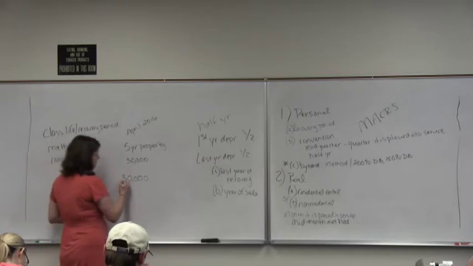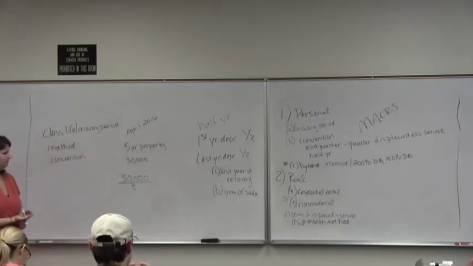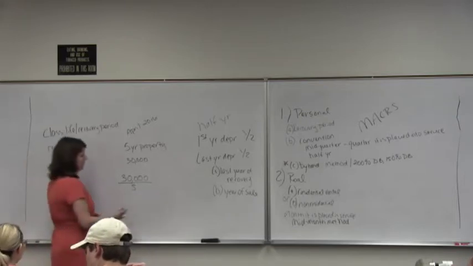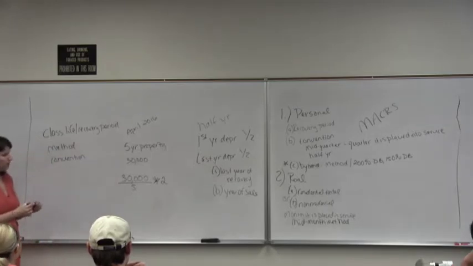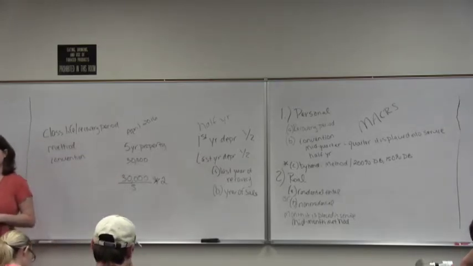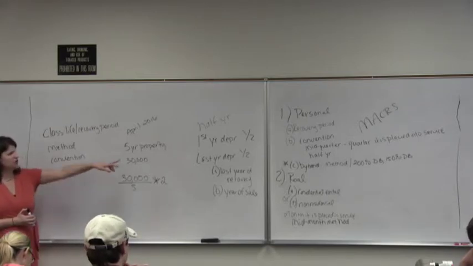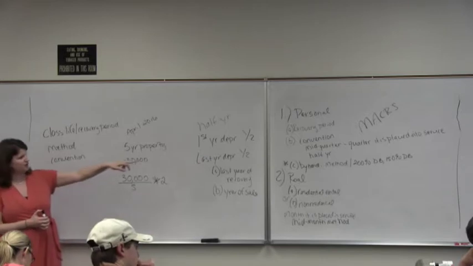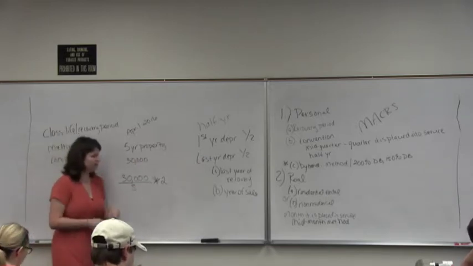Divided by 5, because it has a recovery period of 5 years, times 2. Why? Because we are using the double declining balance method. We use the declining balance method, which is 200% or 150%. So we multiply times 2.